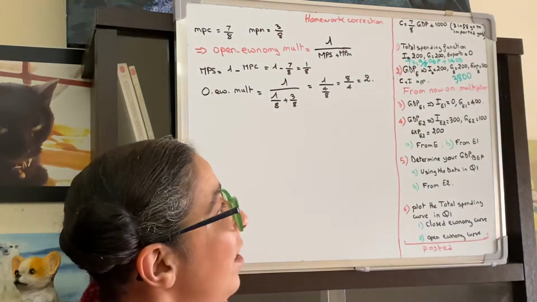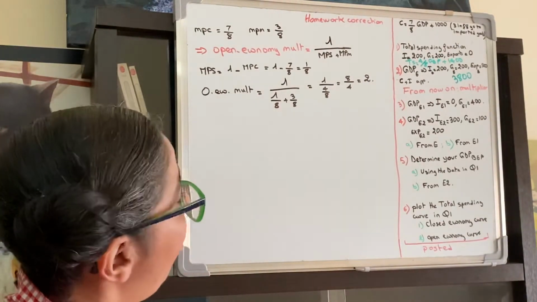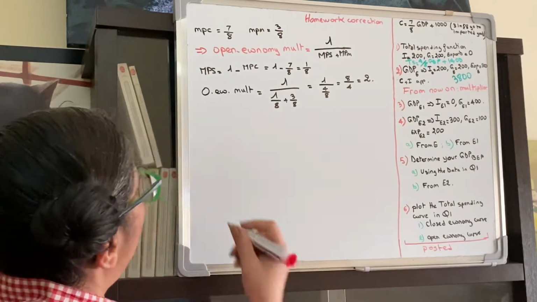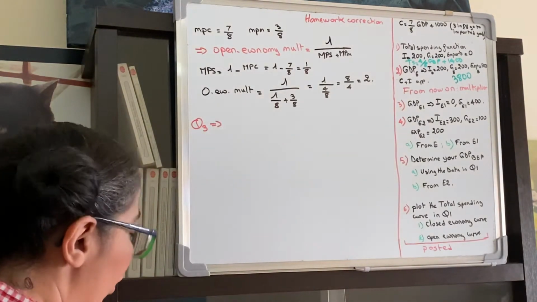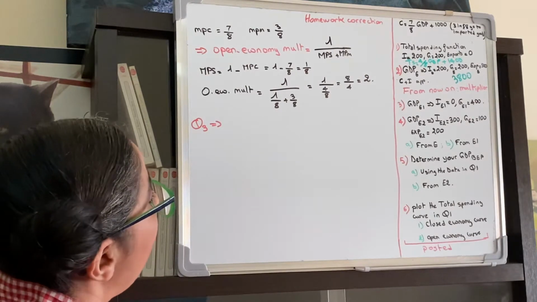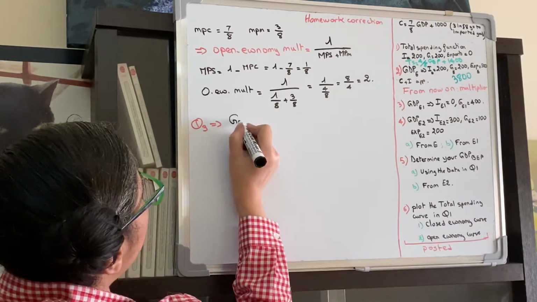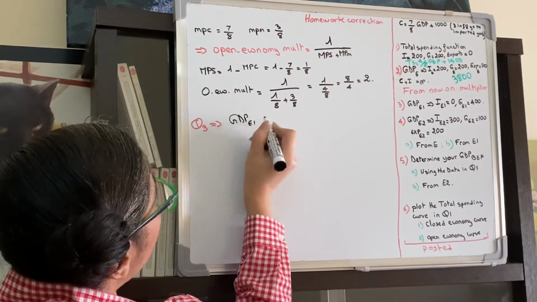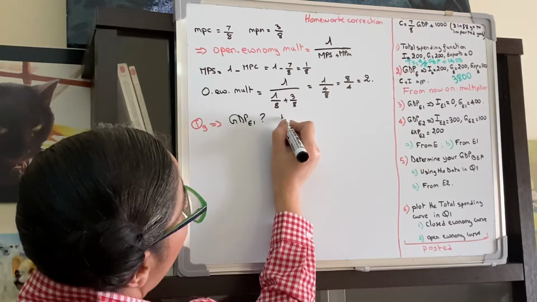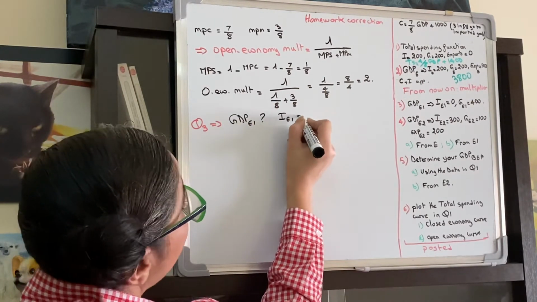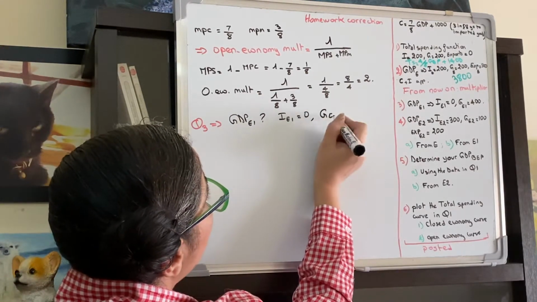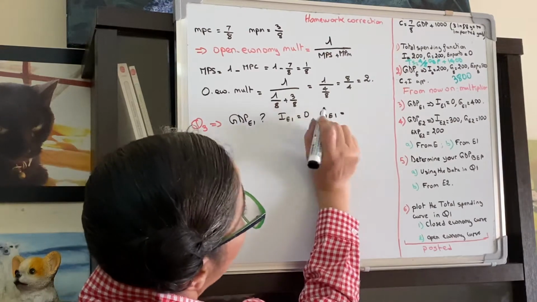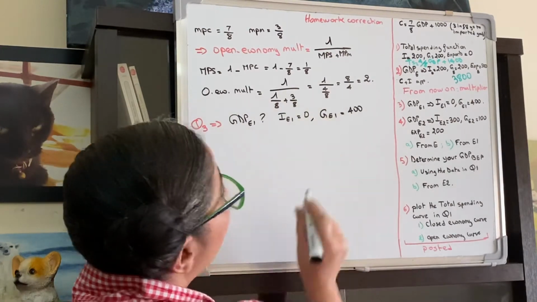Now I'm moving on to question 3, as I do have my multiplier. Calculate the GDP at E1, where IE1 is equal to 0, GE1 is equal to 400, and I have no exports.